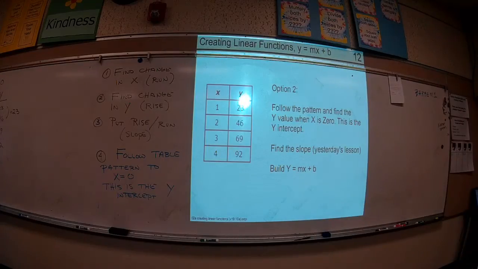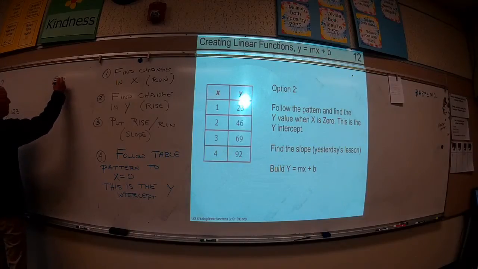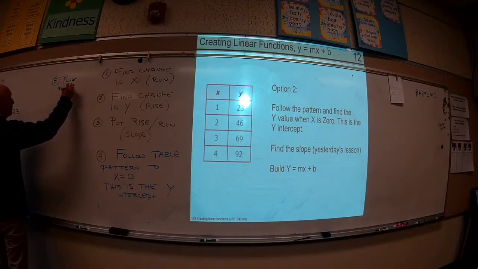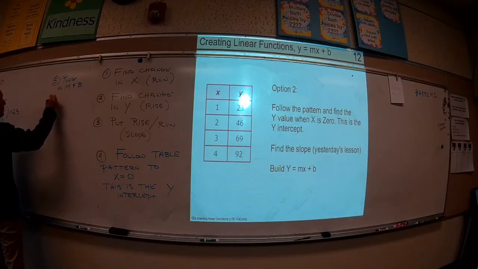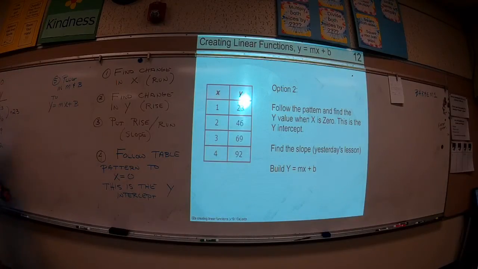What do I need to do now? My final piece of this: we need to form slope-intercept form. Let's build it. Plug in m and b to y equals mx plus b, and we built the equation.